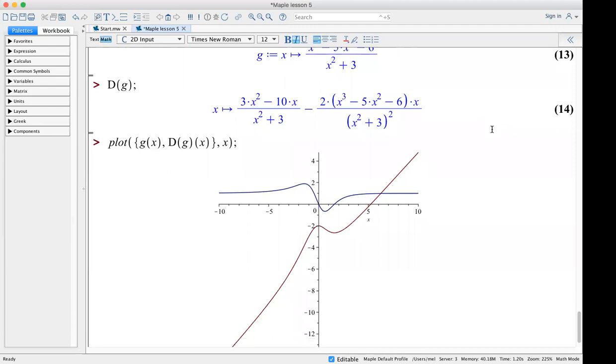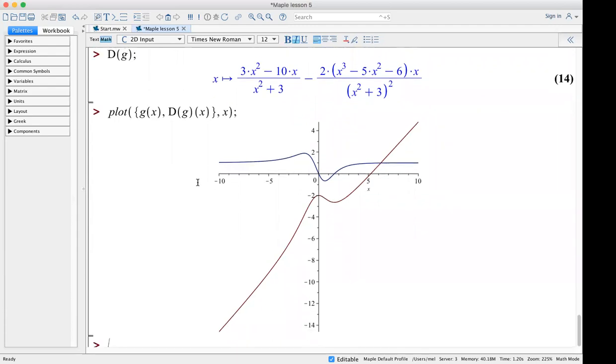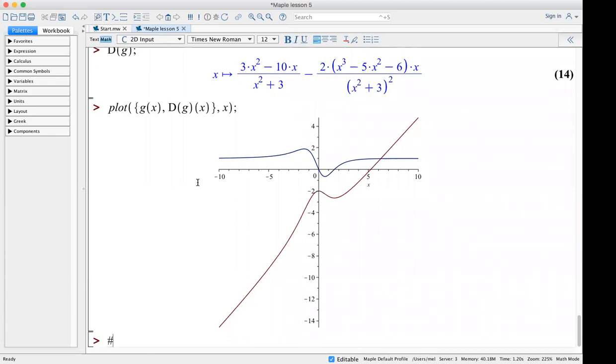Suppose we want the tangent to this curve at a point. Suppose I want to compute the tangent line at the point a equal to, I don't know, 3.